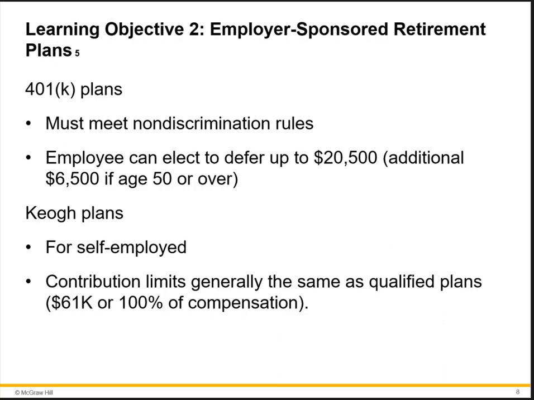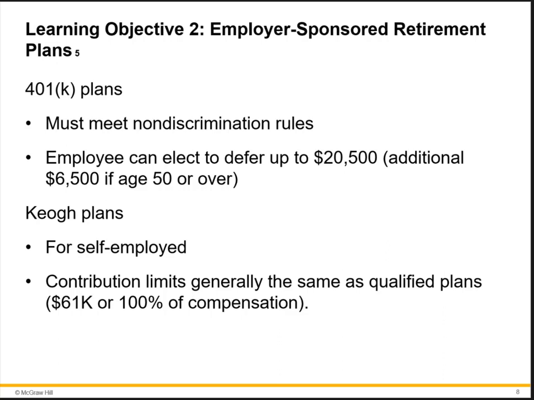Now you have a challenge, because if some people choose not to put it in, and those are the lower paid folks, and your higher paid folks do choose, then you are going to be considered discriminatory because you are matching just the high dollar folks because they're the only ones participating. So that can be a problem with a 401k plan.